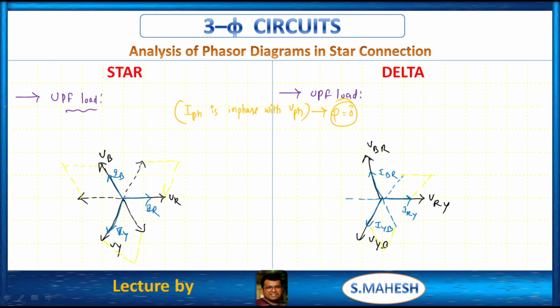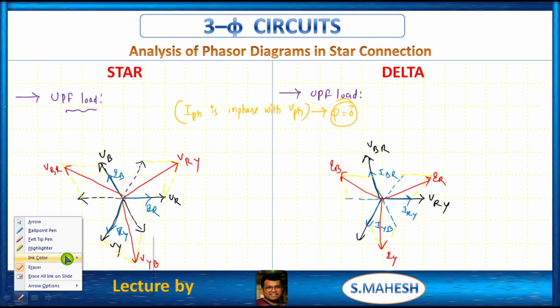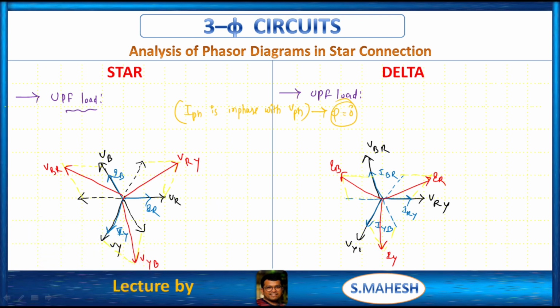Yeah, between these two we have to get line voltage in the case of star connection. This is VRY, VYB, VBR. Completed. This is IR, IY, IB. That's it. This is VYB. That's it.